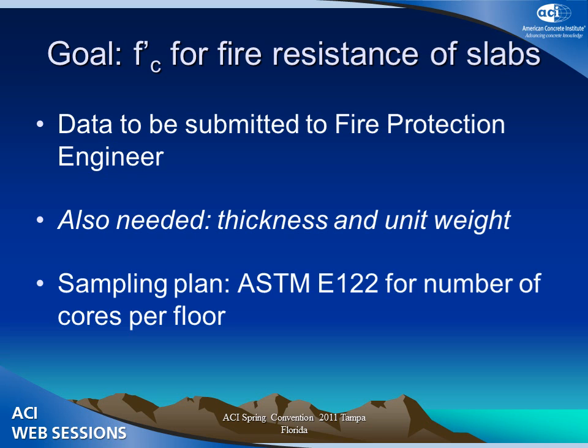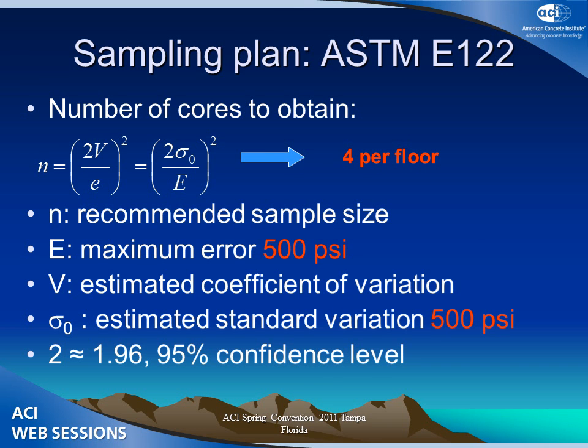So we devised a sampling plan that followed ASTM E122 for the number of cores per floor. In a minute, I'll discuss a little bit about how we got there. This is the equation that's given in E122. It's also mentioned in the 214 document. If you notice here, there are two variables that you plug into this equation.